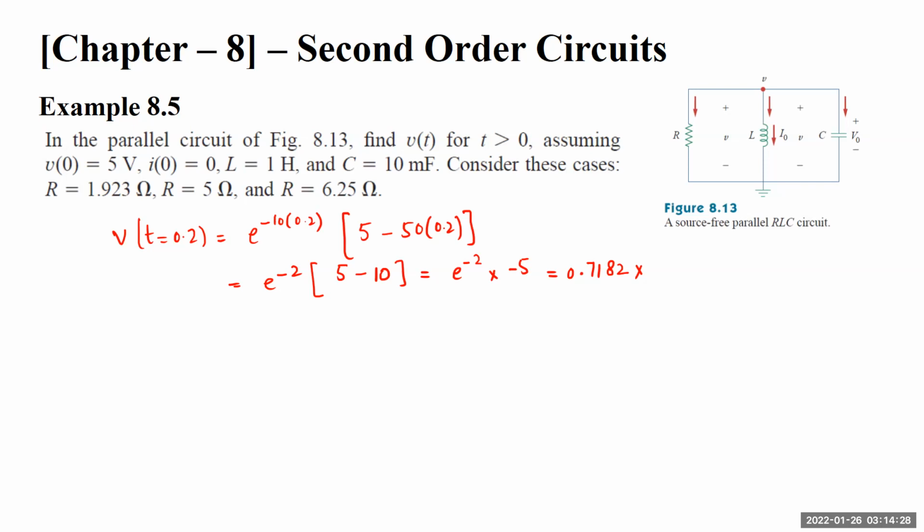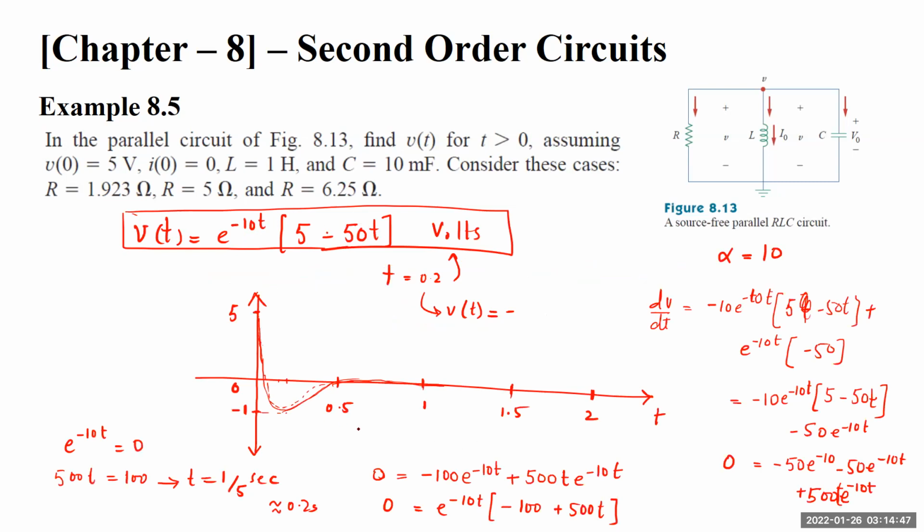So this is how you can find out this value. V of t at 0.2 is equal to minus 3 point something. So the minimum peak will not go till 1, but it will go to 3 point something. And then from there you can just see what value it goes to.